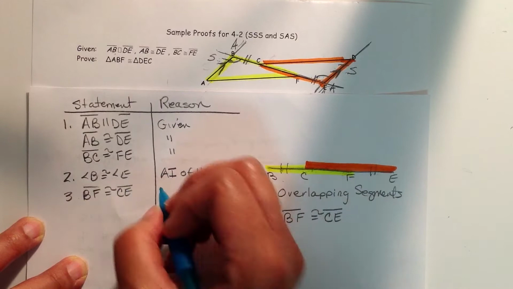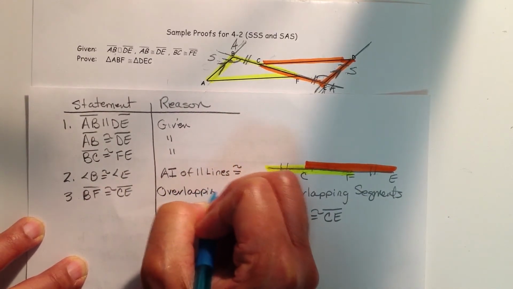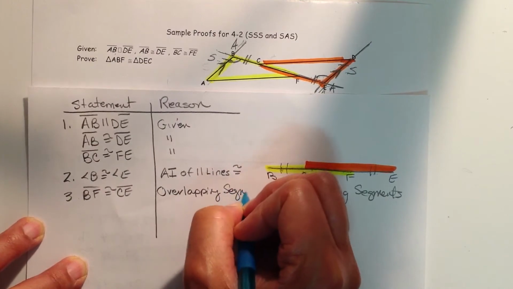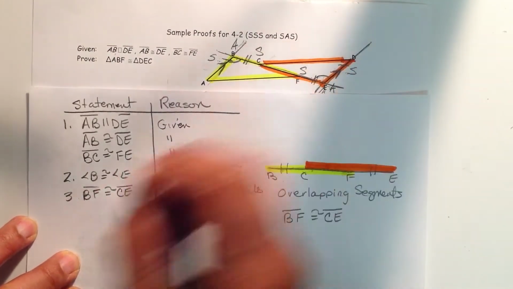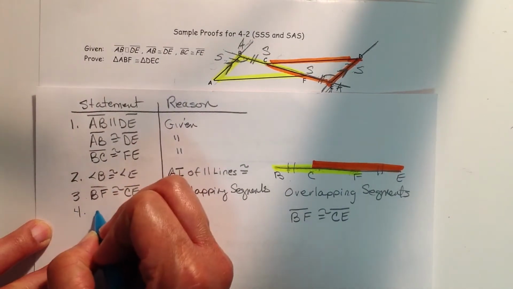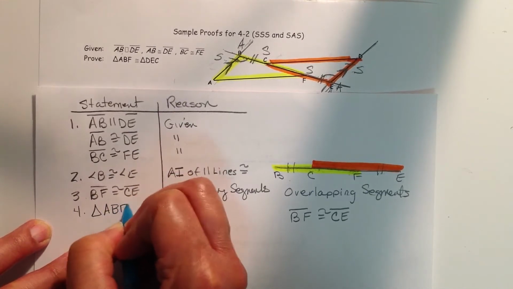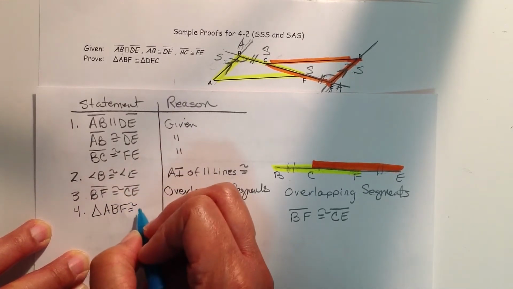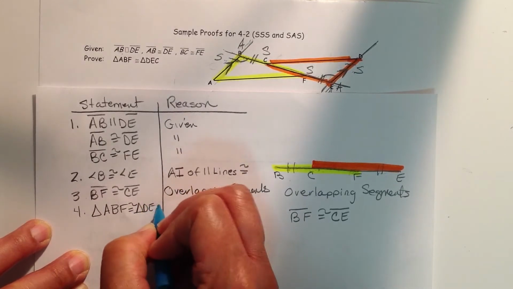And the reason being overlapping segments. So I've got that third side that I was looking for earlier. So I can say that triangle ABF is congruent to triangle DEC.